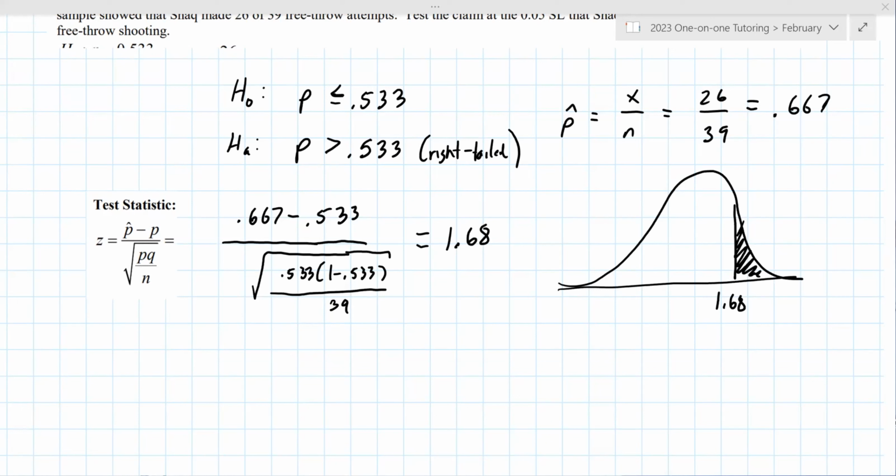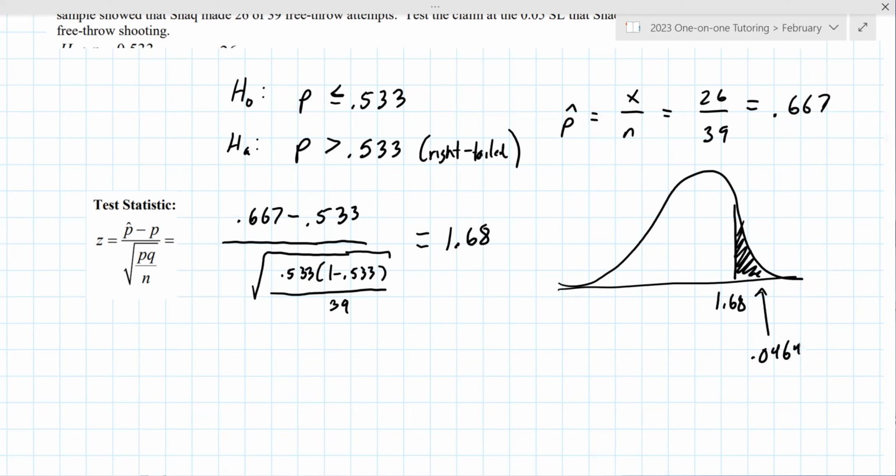I wouldn't do that. But again, what you do have to get is this p-value, this area under the curve, which ends up being 0.0464. Okay, and how do you plug that in again, if you don't mind me asking, in the calculator?